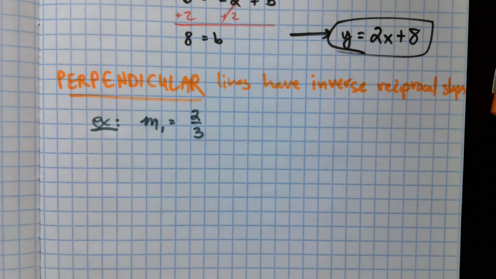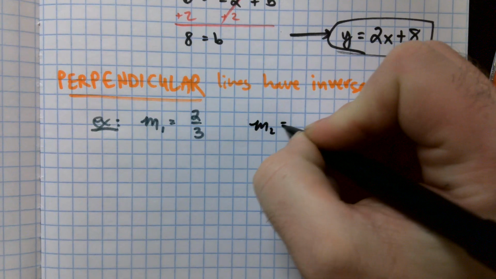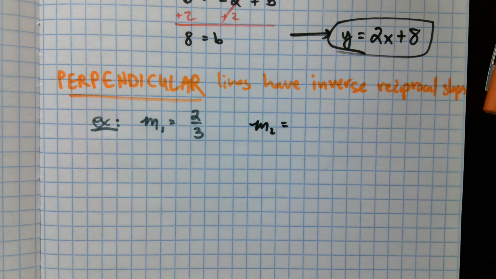For example, if one of my slopes is 2/3, and I am asked, what's the slope of a line perpendicular to this line? Well, first of all, what does reciprocal mean? It's like switching. What gets switched? The fraction gets switched.